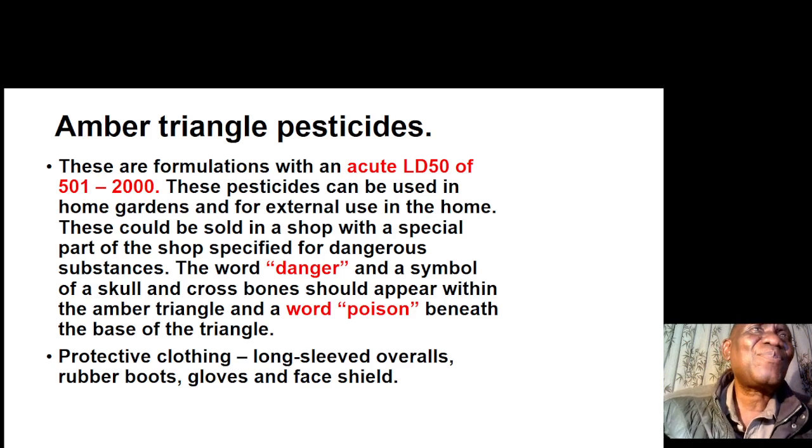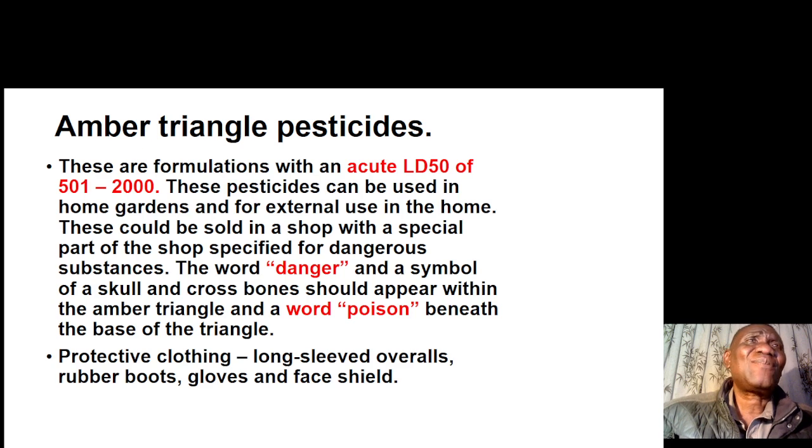Amber triangle pesticides. These are formulations within the acute range of LD50 of 501 to 2000. These pesticides can be used in home gardens and for external use in the home.